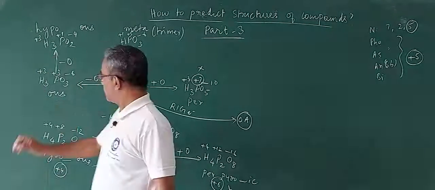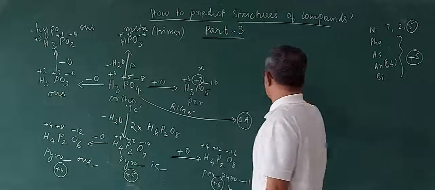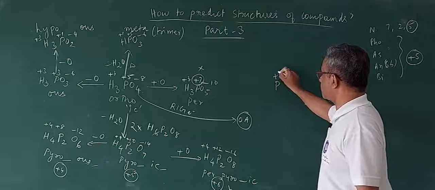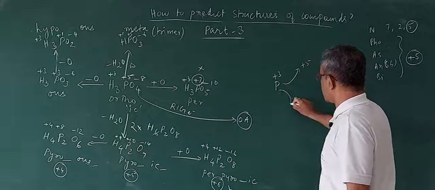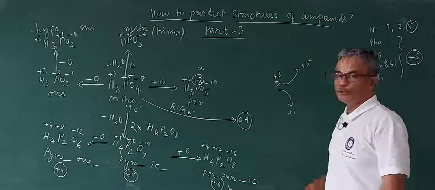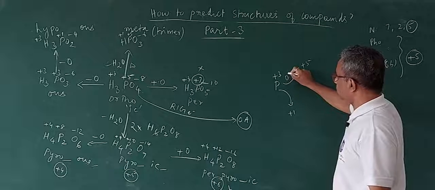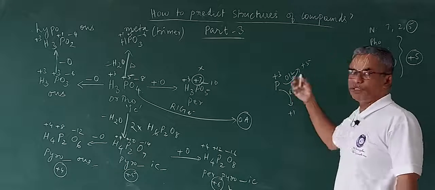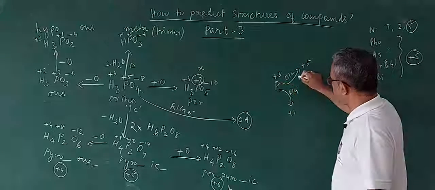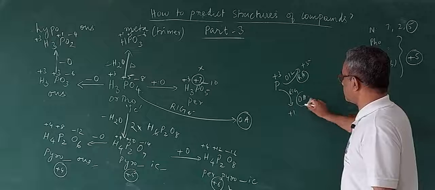So, how do you do that? Now, here this is plus 3. If you have plus 3 as the oxidation state, that means it can either go to plus 5 or it can come down to plus 1. So, it can lose electrons, oxidation is losing electrons, reduction is gaining electrons, which means this can behave like a reducing agent or it can behave like an oxidizing agent.